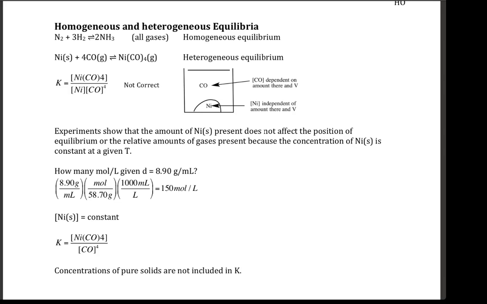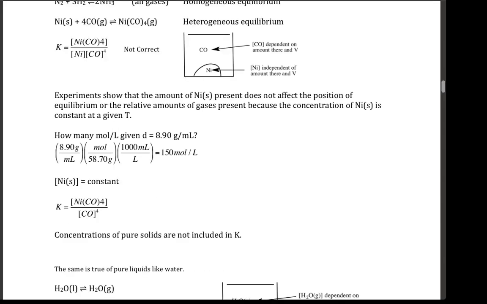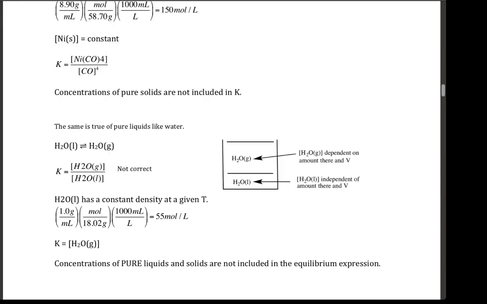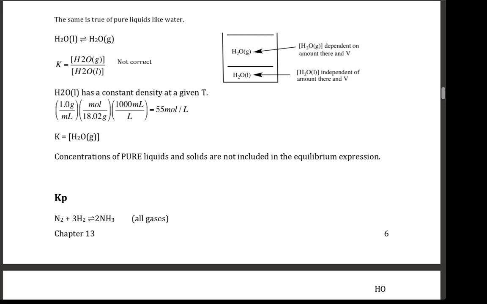So K, the equilibrium constant and expression, would be K equals NiCO4 divided by CO to the 4th power. The concentrations of pure solids are not included in K because they're constant. The same is true of pure liquids. They are also not included in the equilibrium expression.